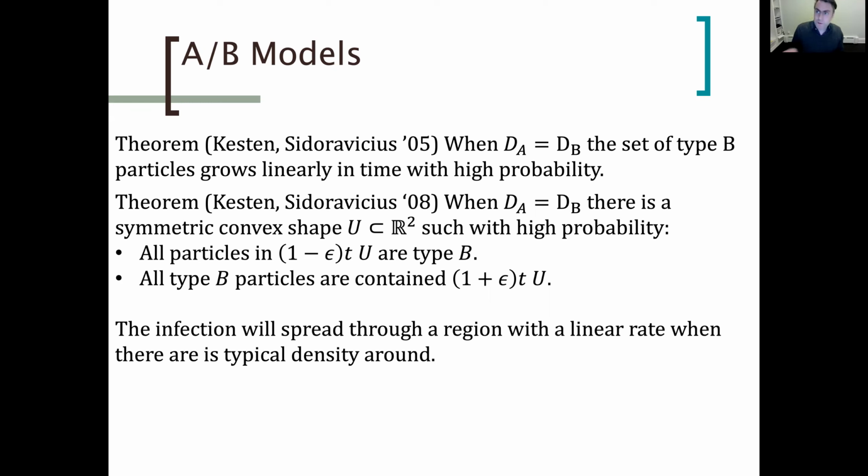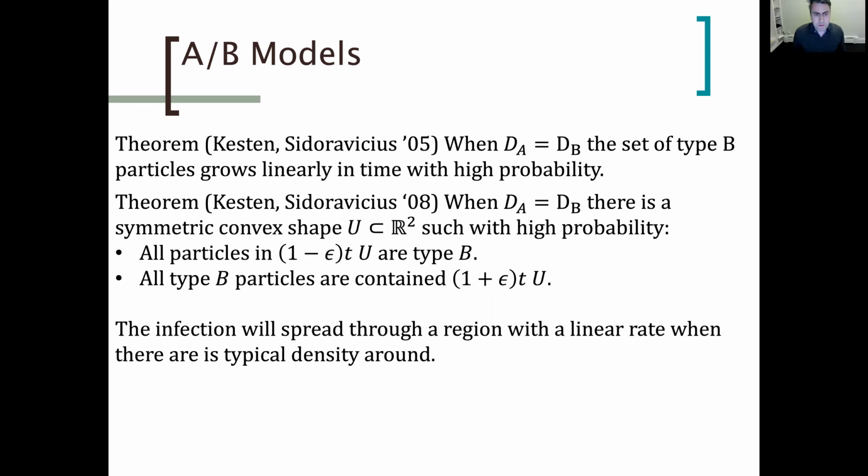Some will move to the left, some to the right, some up, some down. And at least some will be moving in a way that expands the infected region. So as long as the infected region is moving through areas of typical density, it should be growing at some constant rate.